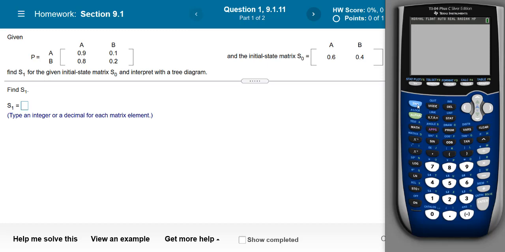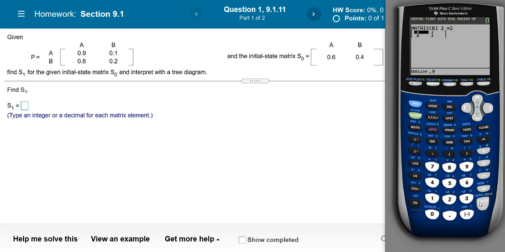We do the same thing, second matrix edit, for the B matrix. This time it'll be 2 by 2 with the numbers that you see in the problem.